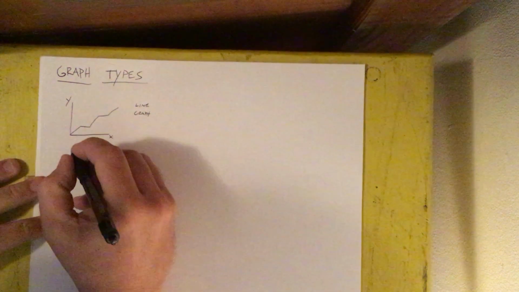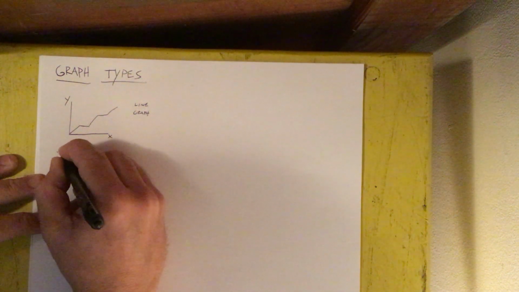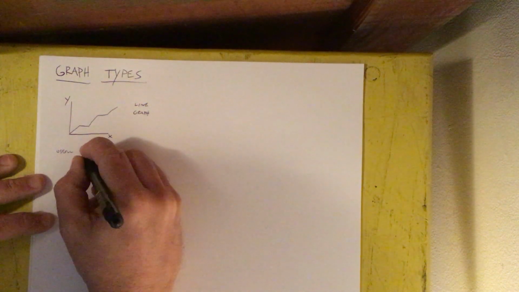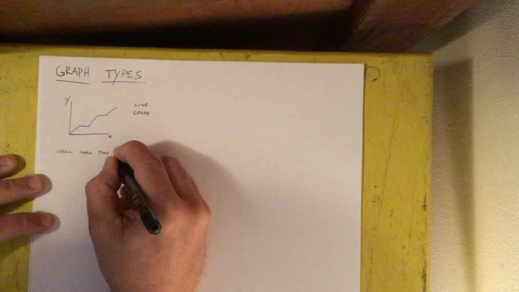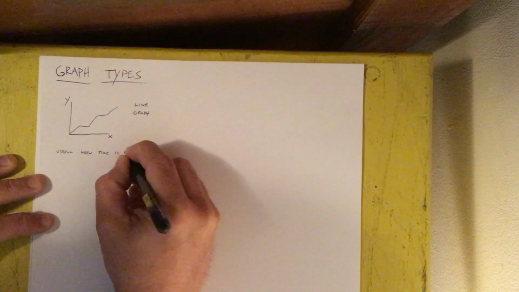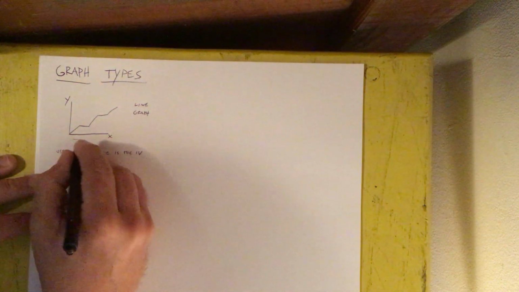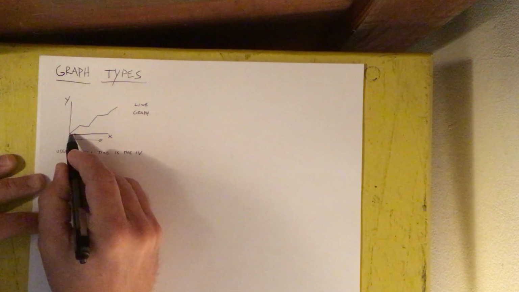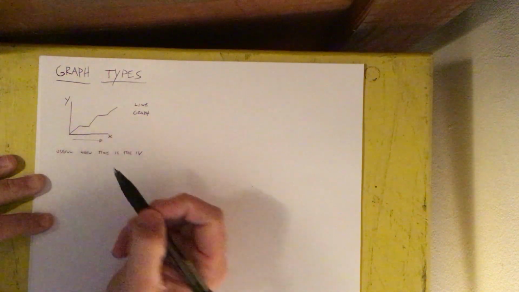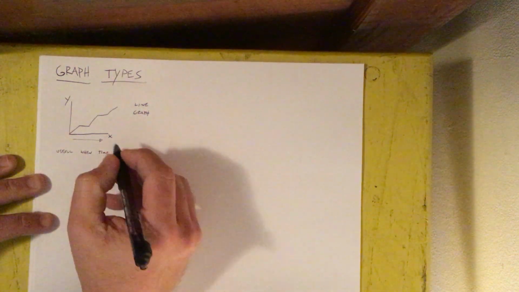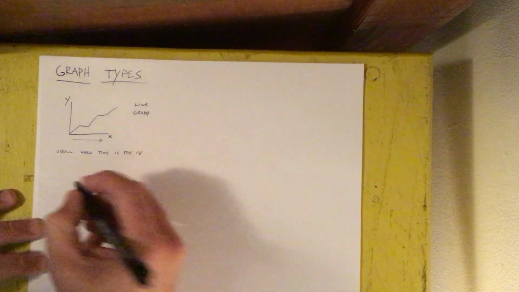The line graph is especially useful when time is the independent variable. If you're seeing if something changes over time, then time is a linear variable. It's constantly changing. So line graphs are especially useful for time.